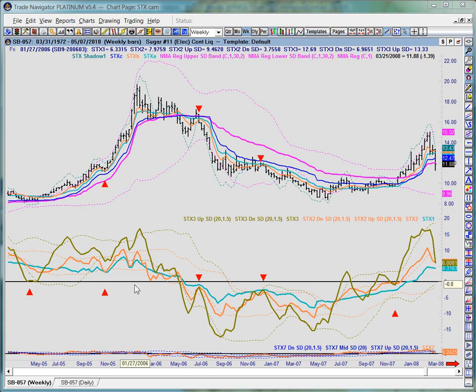Note also that 2 of the oscillators, that is the fast one to respond in the greenish color, as well as the orange one, what we would consider the medium speed oscillator, both have their own set of standard deviation bands that surround them. And what we can see is that the greenish line has an upper standard deviation band in the same greenish color, as well as a lower standard deviation band, which too is in the same color.